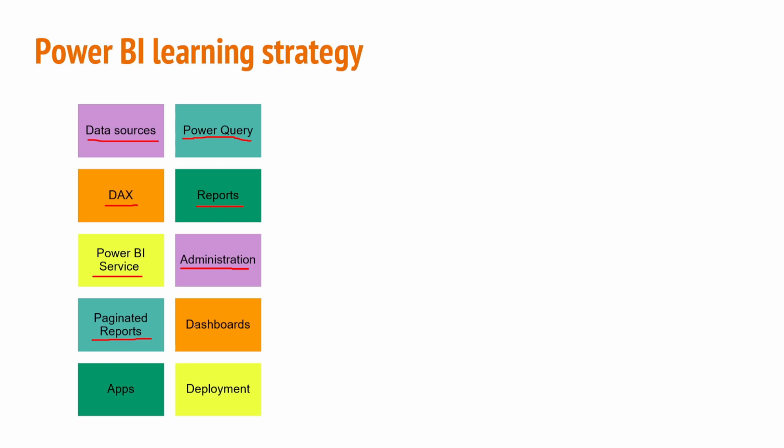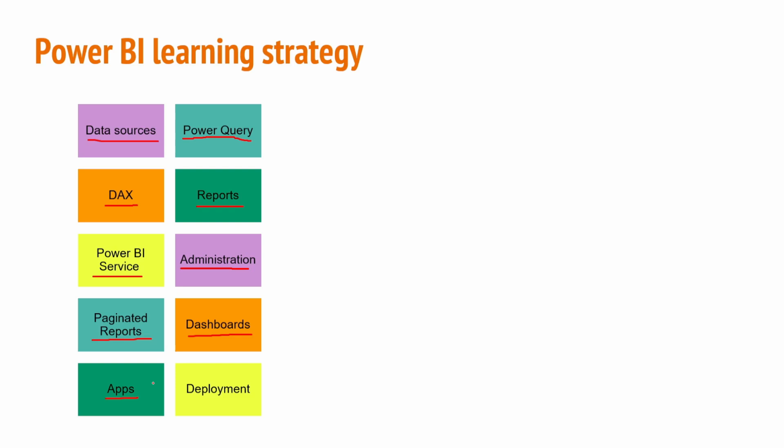Then we have the dashboards part, where you can pin multiple visuals from different reports to create a single page report where executives can get the information. Then we have apps. We can create apps from the Power BI service, which is to package our content in one place.